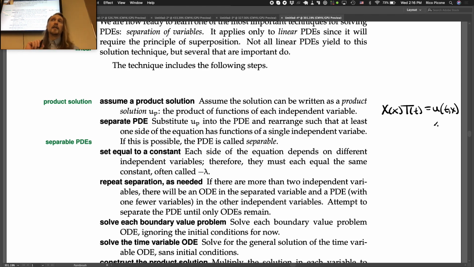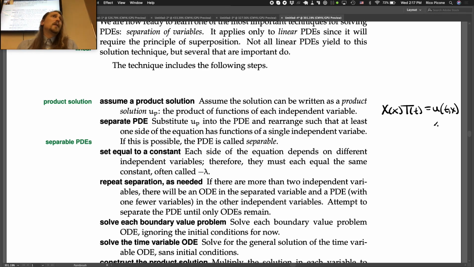You don't have natural log of u. These would be nonlinear ways of it entering. You don't have 1 over u. You have u or a constant times u. You could have a derivative of u and then a constant times the derivative of u. But you don't have any nonlinear ways that the dependent variable enters into the equation.